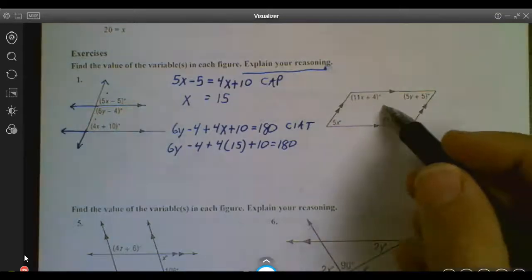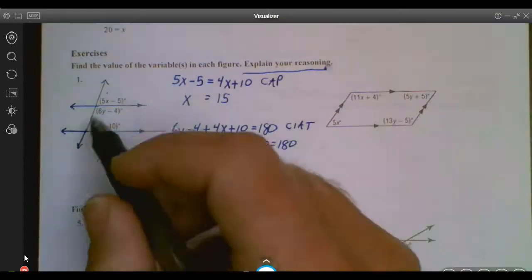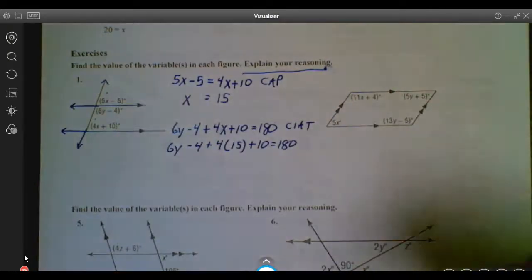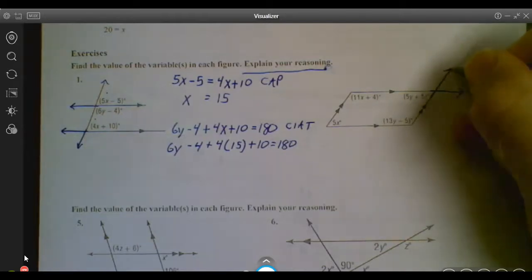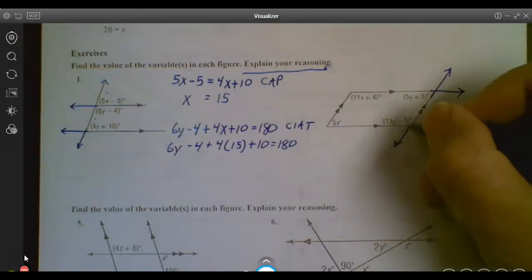So let's jump over to these guys. As I look at this, again, I got to recognize these types of relationships. No matter what kind of a drawing they throw at me, I'm looking at parallel lines, right? And one thing that might help you in some cases, I don't have to erase lines, but if I just extend some of these lines, that might give you a clearer picture as to where your relationships are.